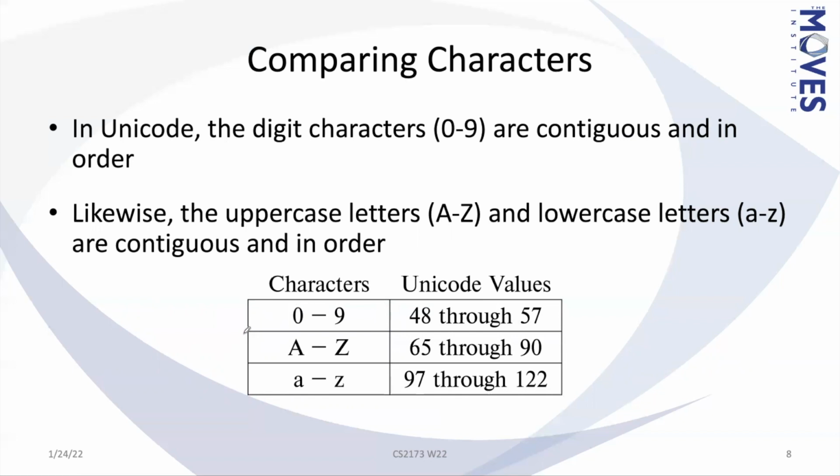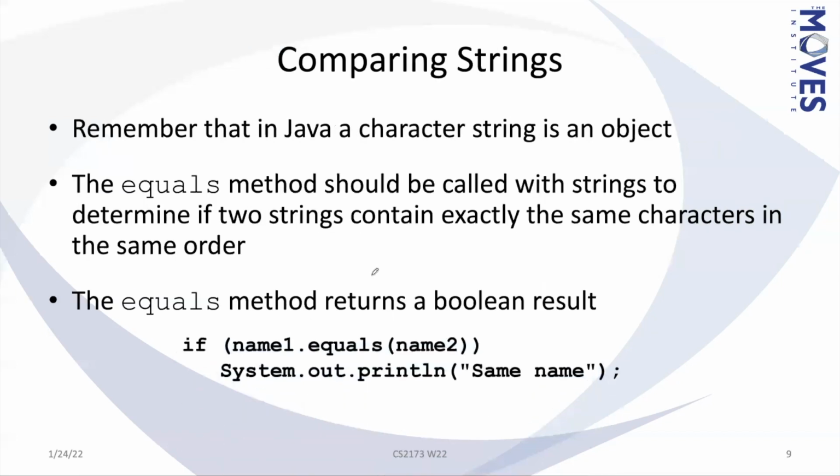And the important thing to notice here is that all of the capital letters come before all of the lowercase letters. And so what that means in particular is that the capital Z is less than the lowercase a. So that's why alphabetic ordering is not quite what is being done. It is lexicographic ordering.